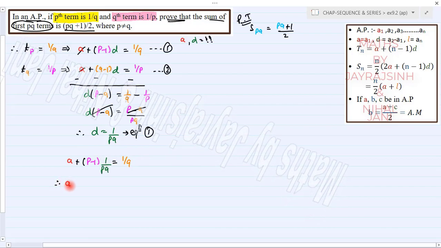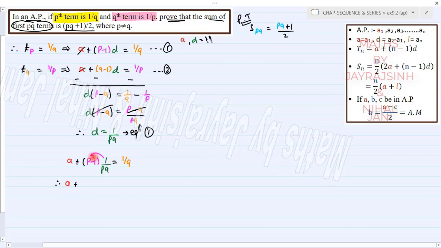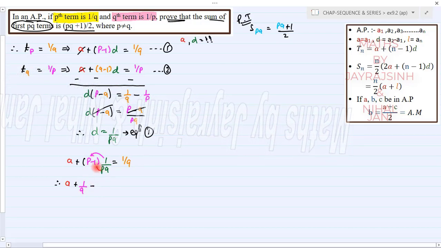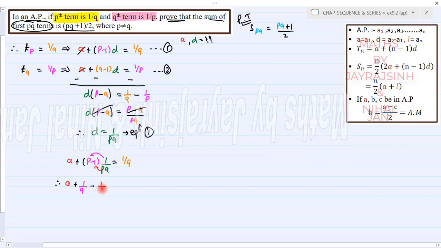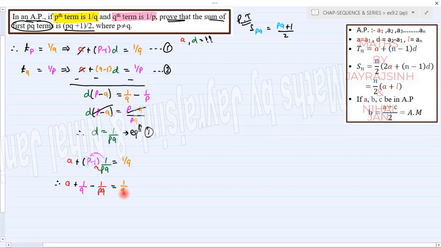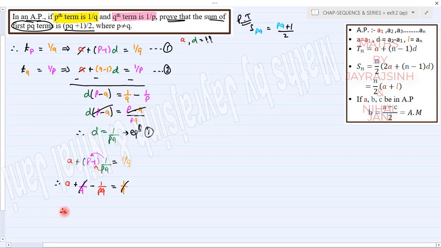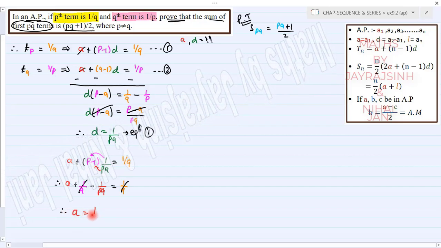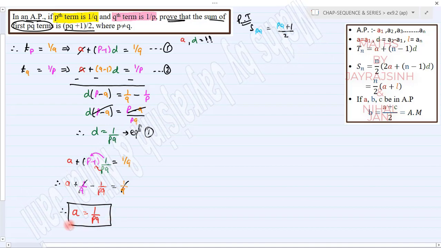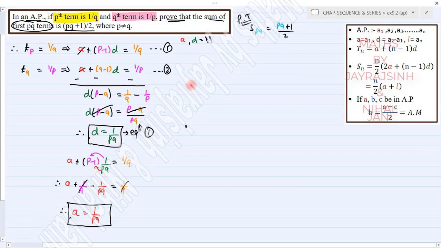Now, for simplification, let's multiply 1 upon pq with p minus 1, so we'll get 1 upon q minus 1 upon pq multiplied with 1 will give us 1 upon pq, and a plus that is equal to 1 upon q. Here, 1 upon q will cancel out, and we will get our first term a is equal to 1 upon pq. So, we get our first term and common difference.